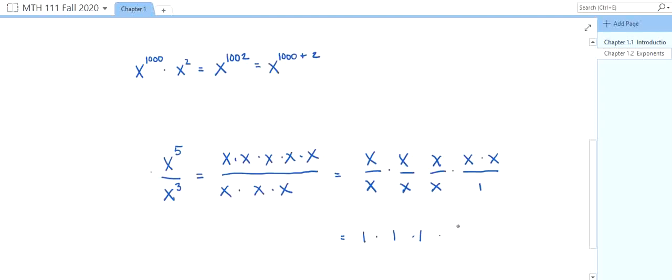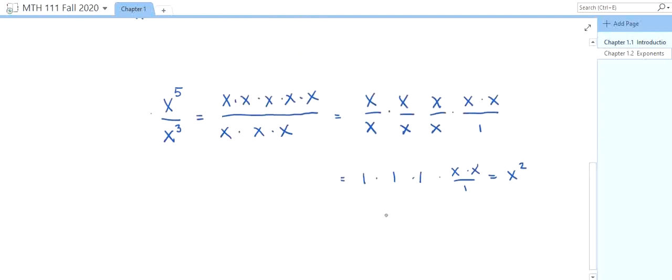And we're left with x times x over 1, and x times x is x squared. So, what did we do there? Well, it's the same idea. This is also equal to x to the 5 minus 3 equals x squared.